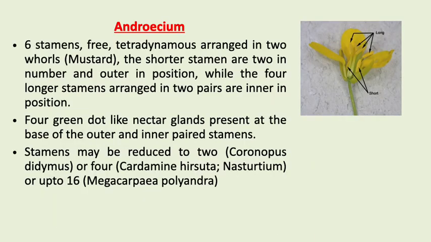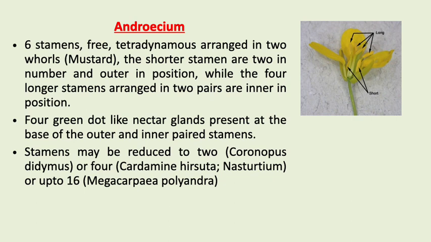Androecium consists of six stamens, free, tetradynamous, and these are arranged in two whorls, for example mustard. The shorter stamens are two in number and in the outer whorl, while the four longer stamens are arranged in two pairs and are inner in position.